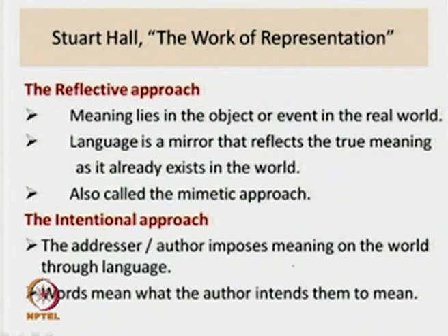In the reflective approach, meaning lies in the object or event in the real world: in the world of actual, material objects, in the world of actual events, actual phenomena that are happening. Those contain meaning.